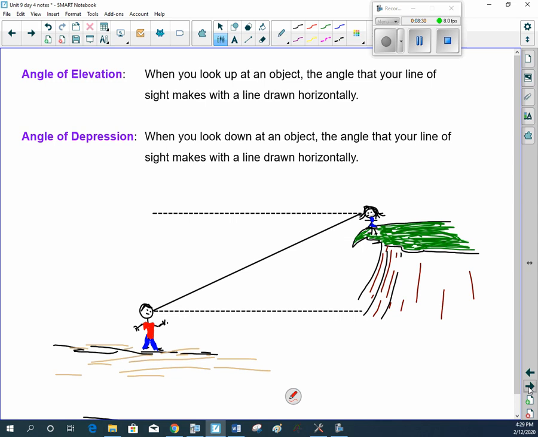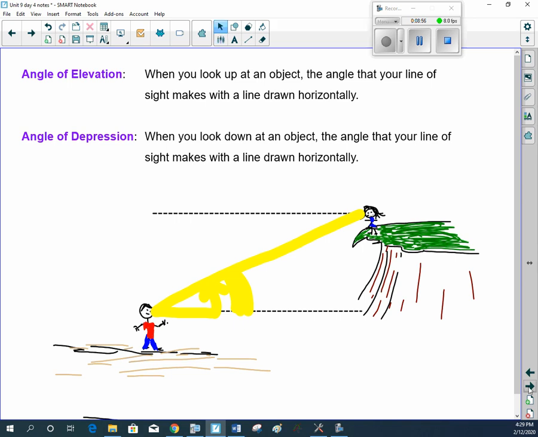So what that means is, this little boy down here is standing on the ground, and he looks up at the little girl. This is the line of sight. This is considered an angle of elevation, what we made, okay? But the little girl happens to be looking down at the little boy.